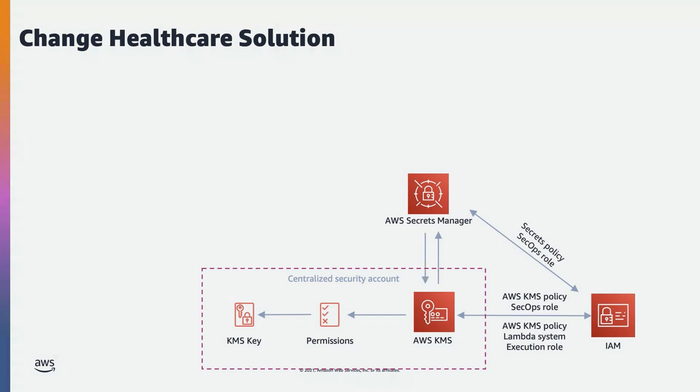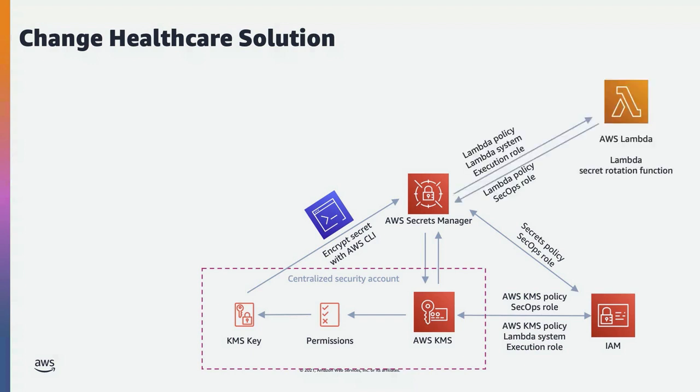From here, we had the KMS key being encrypted with AWS Secrets Manager using the AWS CLI, that's the command line interface, so that we can encrypt the key with the cross-account information that we're sharing in the different account.